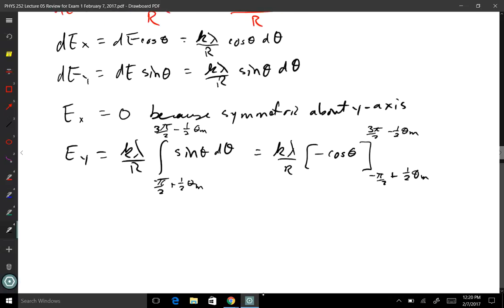And so this is equal to, oh, wow, my brain really put that together wrong. I put them in opposite order because of the minus sign.